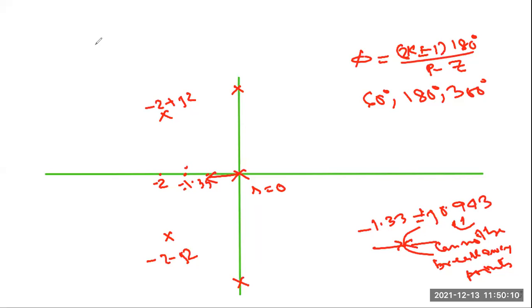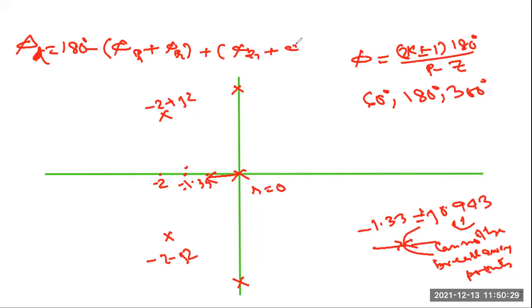The angle of departure is calculated as phi d equal to 180 degree minus the angle contribution from all poles plus the angle contribution from all zeros. Is it correct or not? Whether I have done any mistake? This is the formula which we have discussed. Yes or no? Yes, sir.